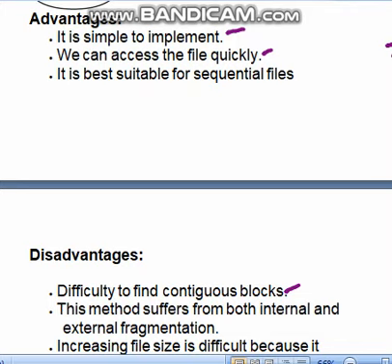It is somewhat difficult to find where the continuous blocks are available. Increasing file size is also difficult. So these are the disadvantages of the contiguous file allocation method.